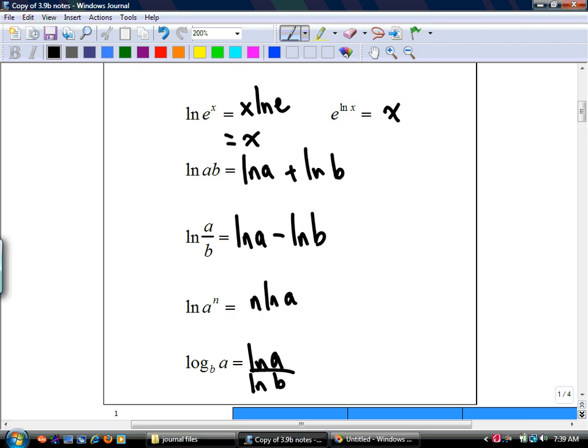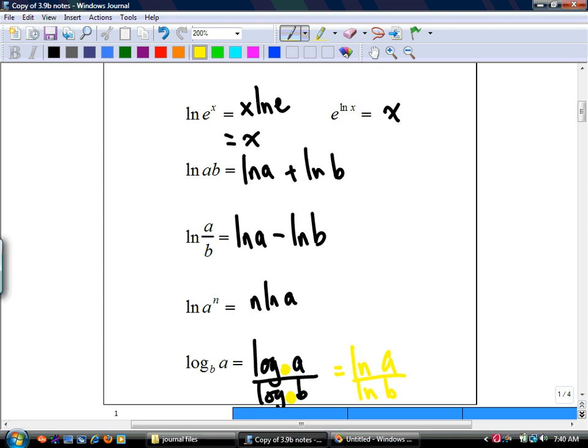Okay, you guys are so used to base 10. In calculus, you don't want to work in base 10. Base 10 sucks. So it would be log a over log b in base 10. You can use any base. So you can put anything here in the yellow circle. So I put little e's in the circle, which is ln a over ln b. As long as you put anything in that yellow circle, as long as it's not 0 or 1, it's good, right?